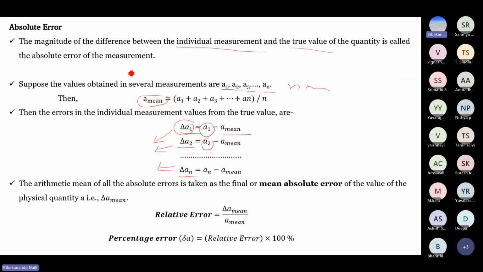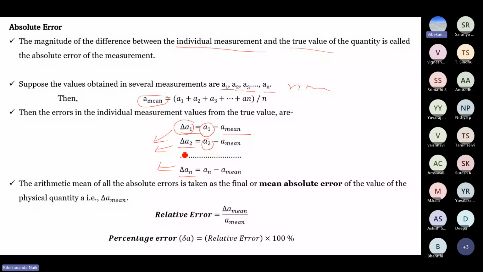Since we are calculating the mean value, or the true value, we can compare it with the values of individual measurements. If the mean is less than A1, the error will be positive; if the mean is greater, it will be negative.